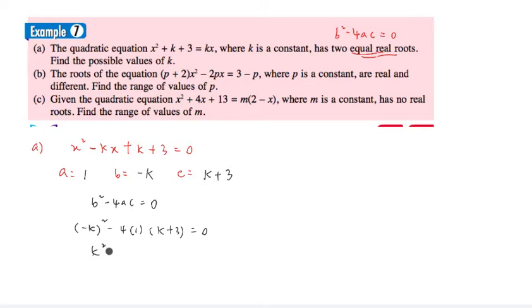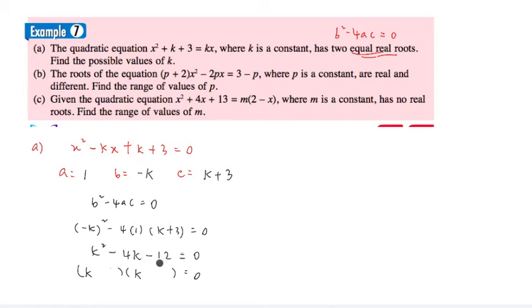K squared minus 4 times k, 4k, negative, positive, negative, 4 times 3, 12. And this is in general form. I can factorize, so there are two values of k.